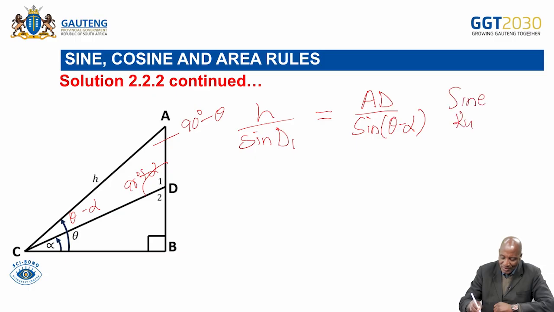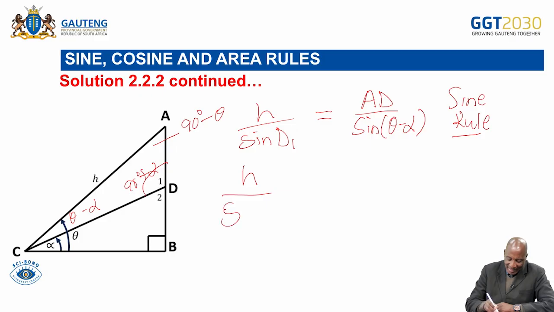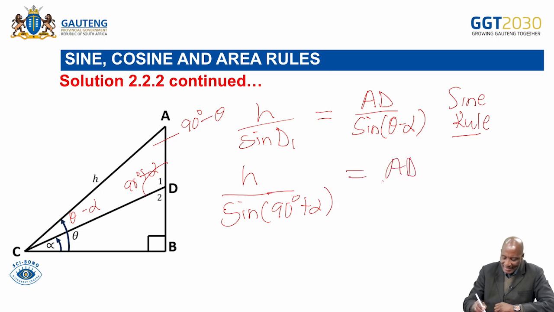This is our sine rule. We know one side that is given is h, and it is across angle D1, which we have found to be 90 degrees plus alpha. Then from there, we want to solve for AD, which is our small c. Let's substitute for what we know. h divided by sine of 90 degrees plus alpha equals AD divided by sine theta minus alpha.